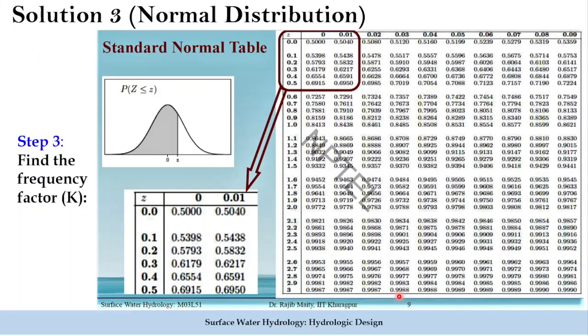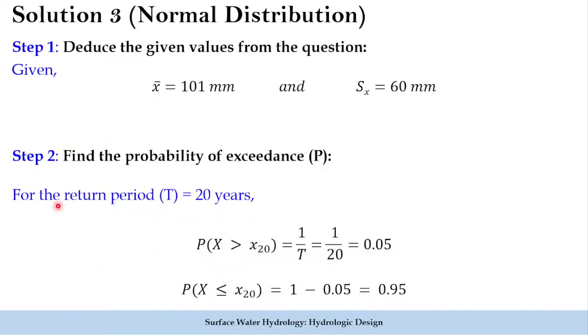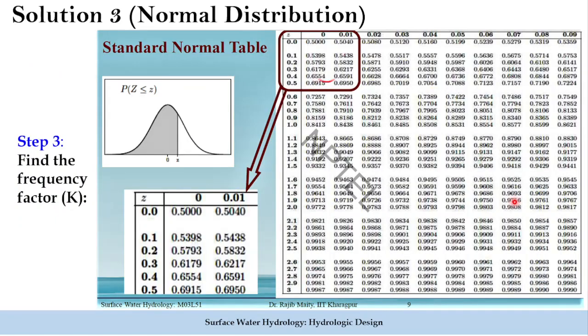Now we can use the standard normal table to find out the frequency factor K. So currently we have 0.95 as the non-exceedance probability, and we can locate this 0.95 here. Corresponding to 0.95, the value of Z or the frequency factor K that we get is 1.6, and here we can see 0.9505 and 0.9495.